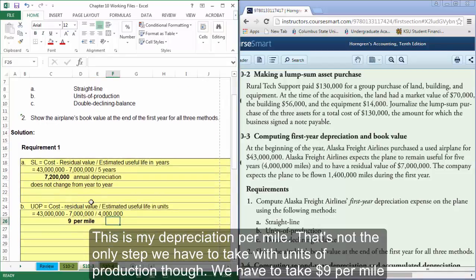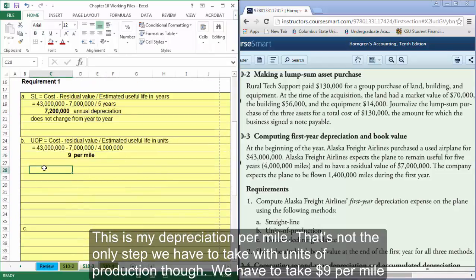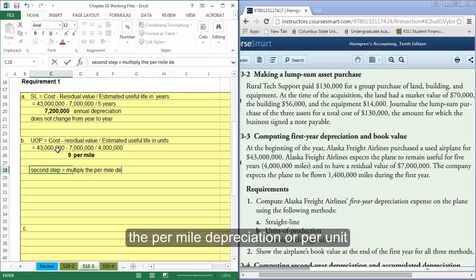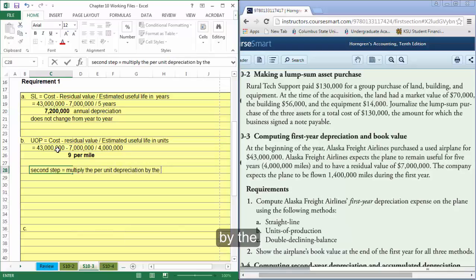That's not the only step we have to take with units of production, though. We have that $9 per mile. The second step is to multiply the per mile depreciation, or per unit, by the units used for the year.